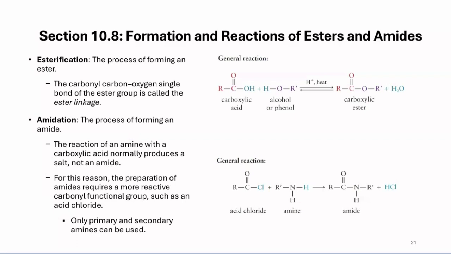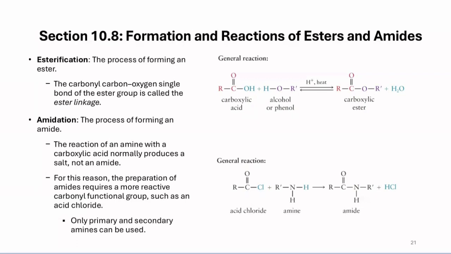Now, a better way to produce amides is by specifically taking what is called a carboxylic acid chloride, which means a functional group in which you have a carbonyl, and on one side of the molecule, you have a chlorine.